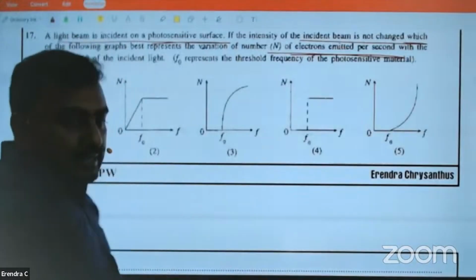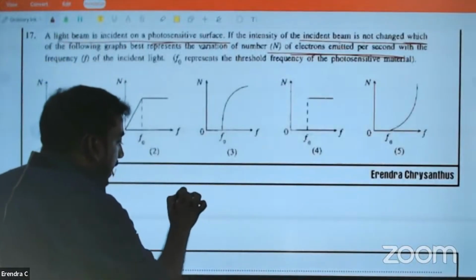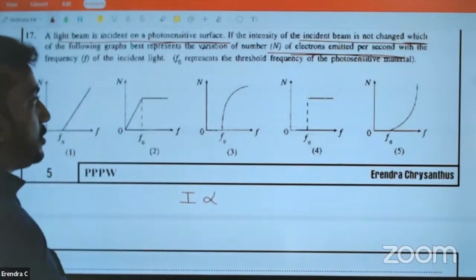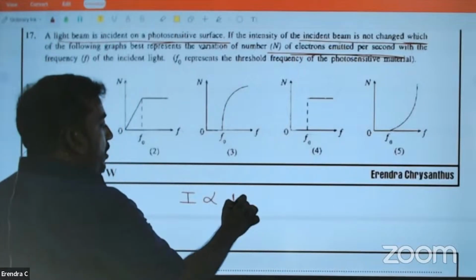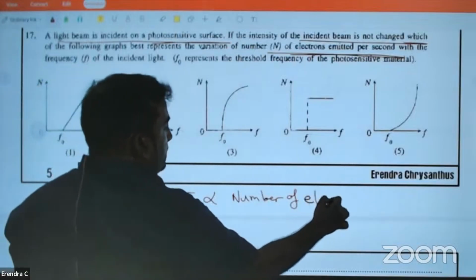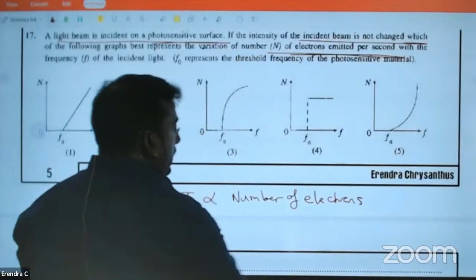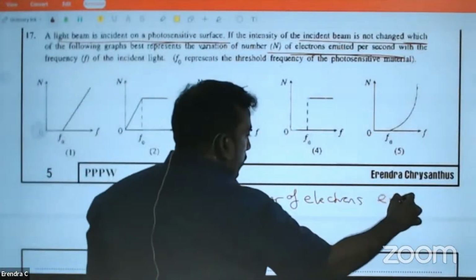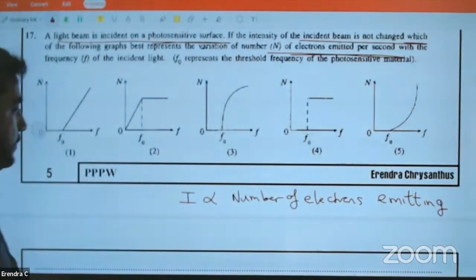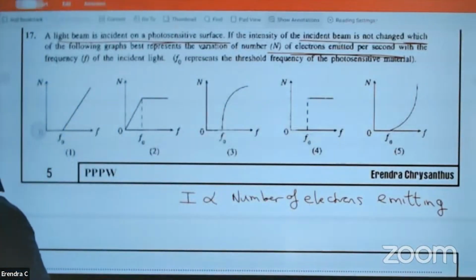Remember, intensity is proportional to the number of electrons emitted. Now, what is this photoelectric effect?